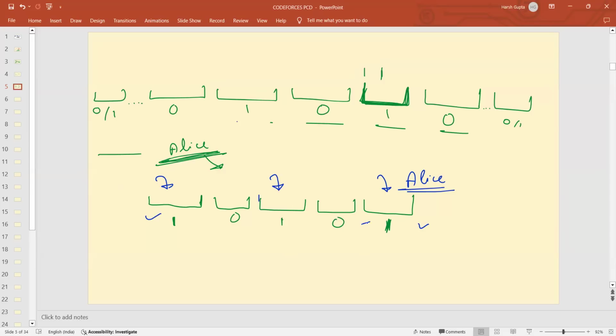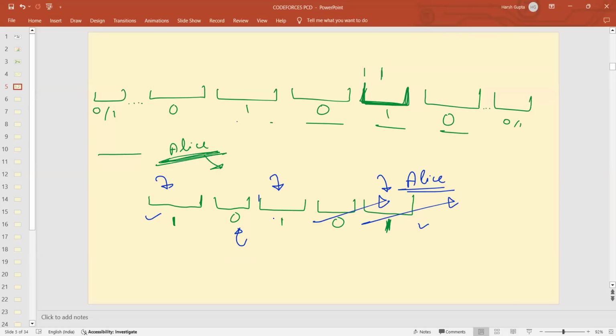So what will he do? Let's suppose he removes this substring completely. So now what will Bob do? Definitely, via the same logic, Bob will also not remove this particular substring and remove all the zeros from it, isn't it? So this also gets removed. Now Alice has only two options.